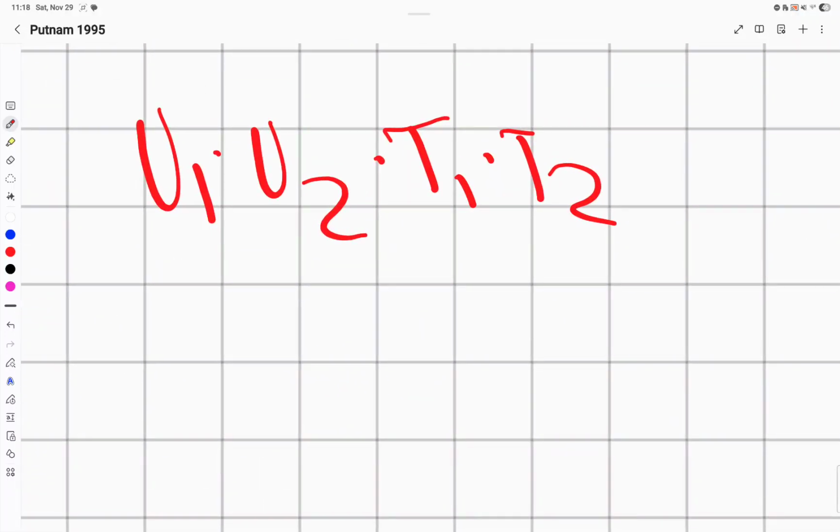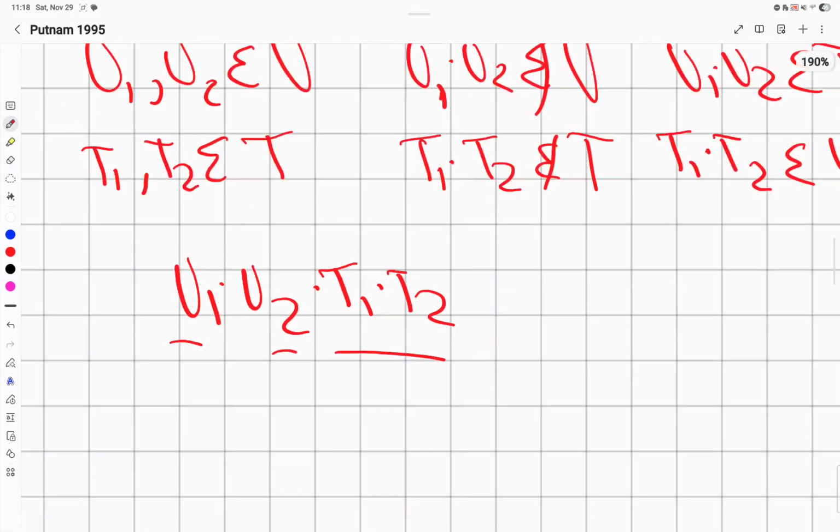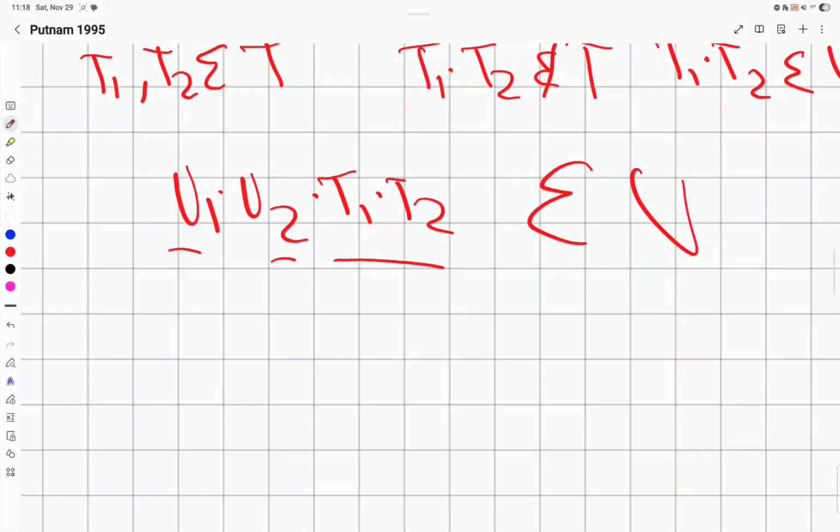So elements of U1, U2, and then U3, right? So this is in U. But if you think about it, this big element is in T, and these two are obviously in T. So no, it has to be in T. And so this is a contradiction. This can't be. It has to be in one set or the other. They're disjoint subsets. They do not share elements.